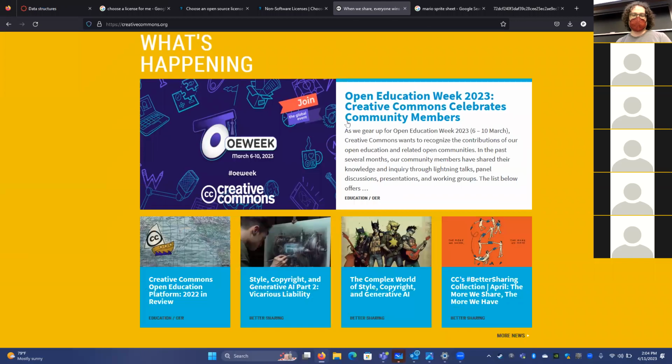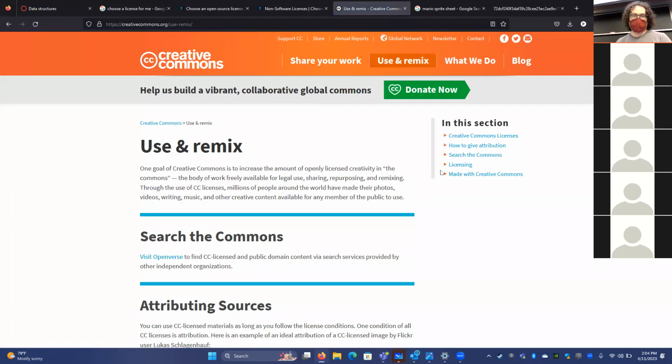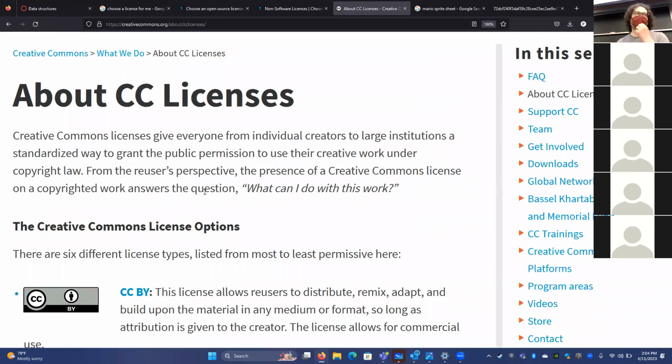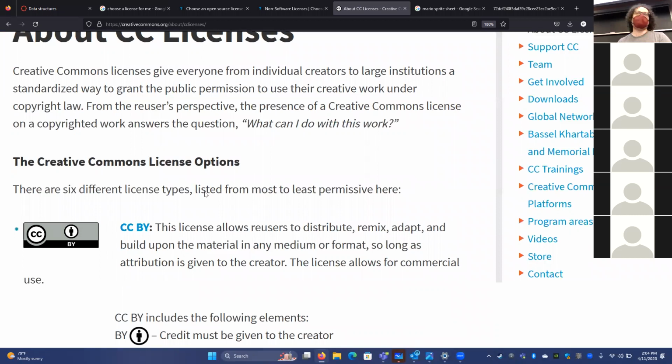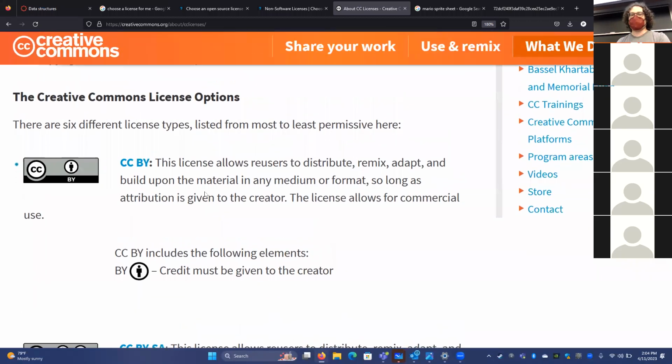There are a few different kinds of licenses, depending on what the creator wants. So say you find somebody else's sprites under a Creative Commons license, they will typically have some kind of license for you to use it.